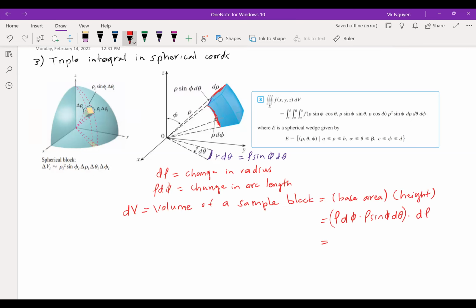Put them all together, you get rho squared sine phi d rho d theta d phi, or it can be d phi d theta.